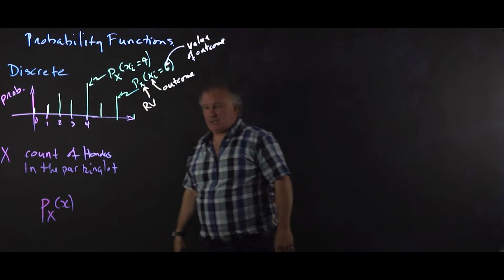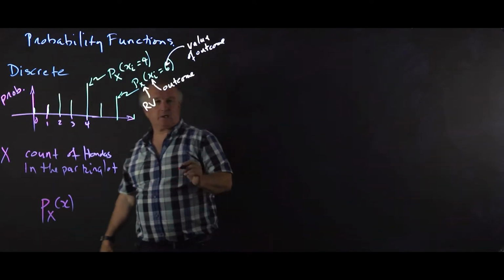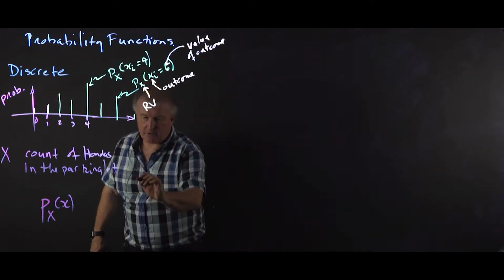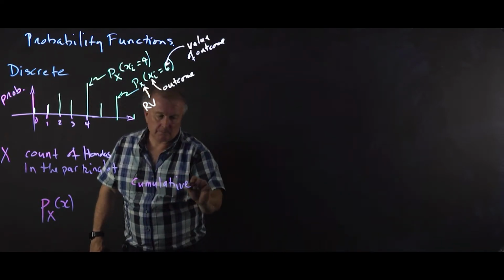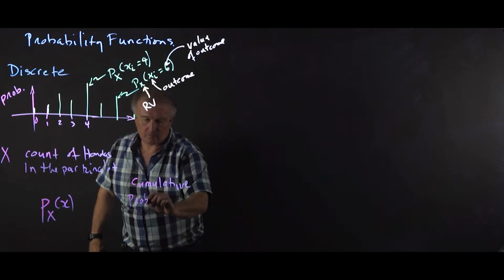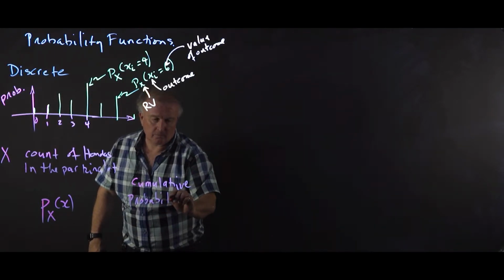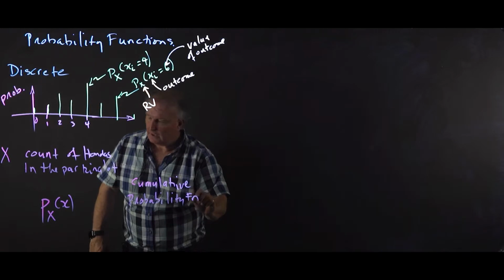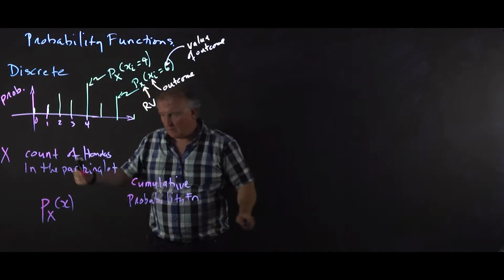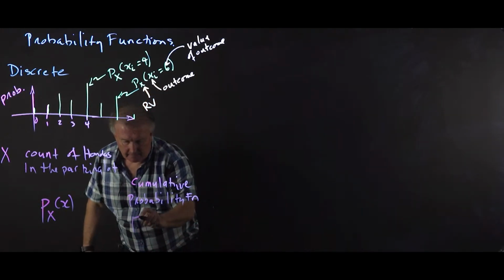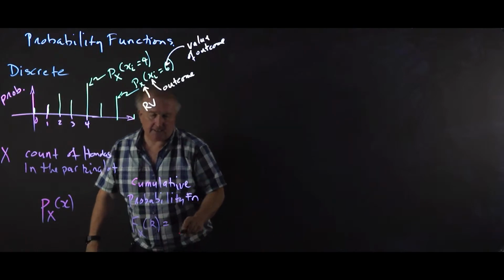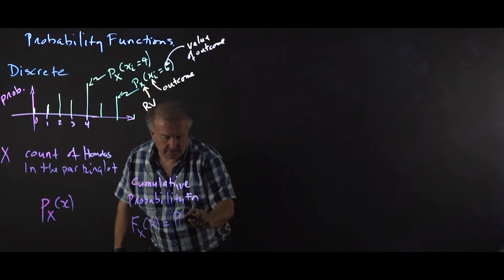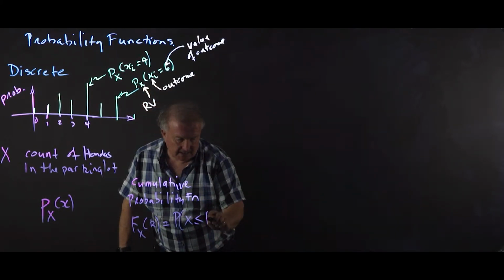And one of the things that I could do if I wanted is talk about a cumulative probability function. And this might be, let me give it a capital F. And so what F of k would be is the probability that this random variable is less than or equal to k.